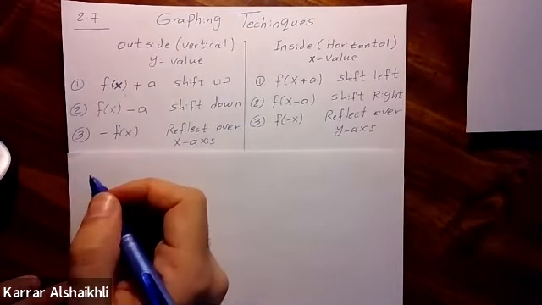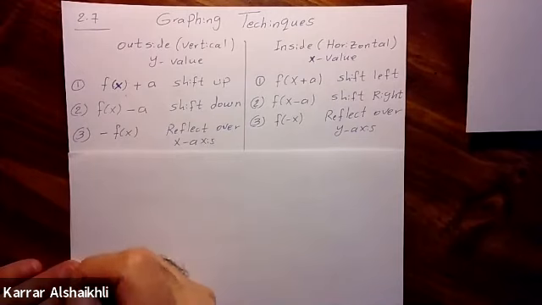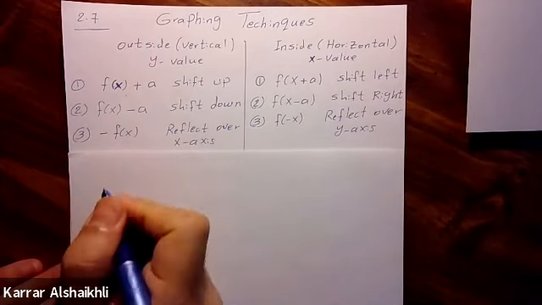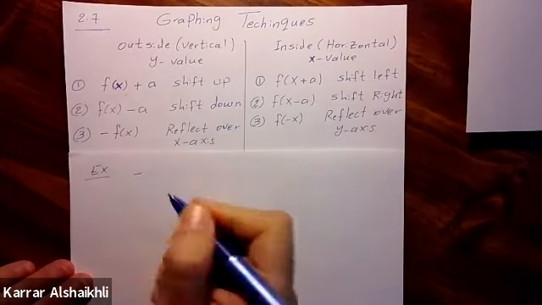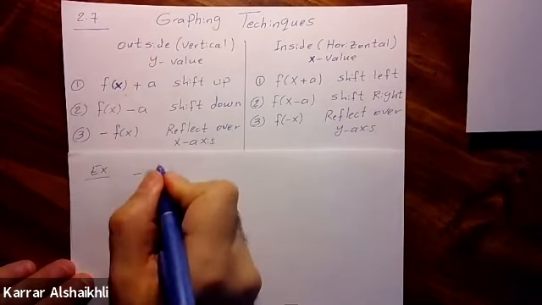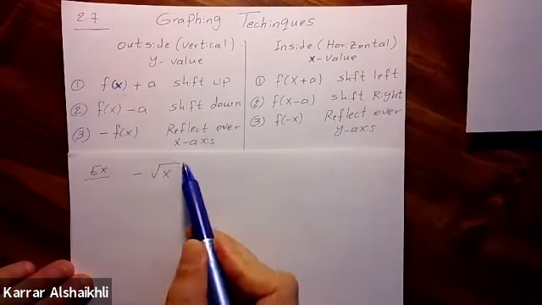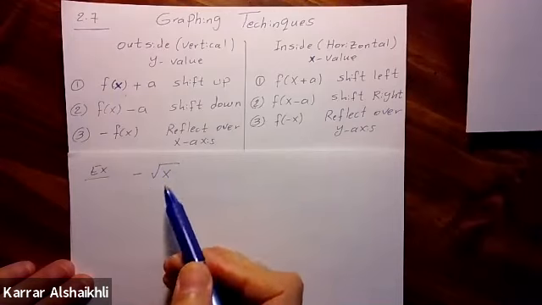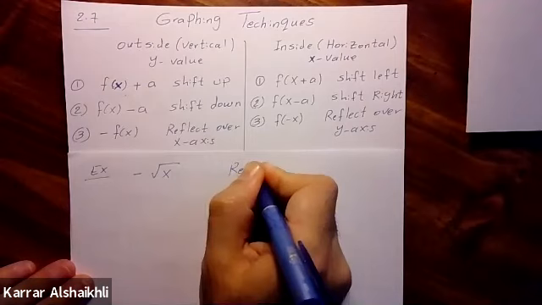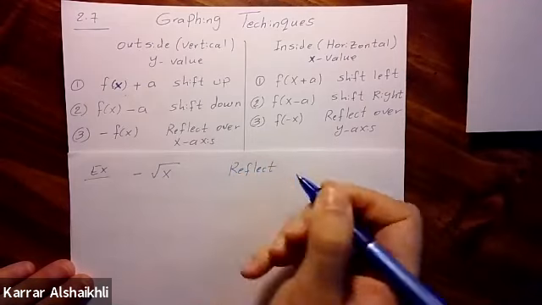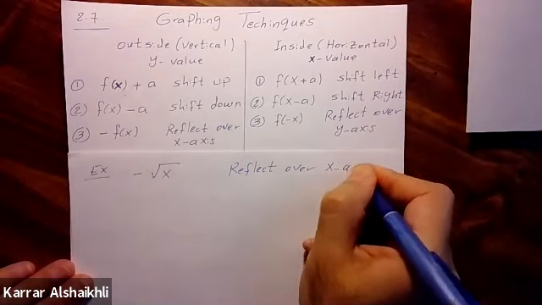For reflection over the x-axis, for example, if you have negative square root of x, you see the negative outside the parent function. This is the parent function. So you're just going to say reflect over the x-axis.